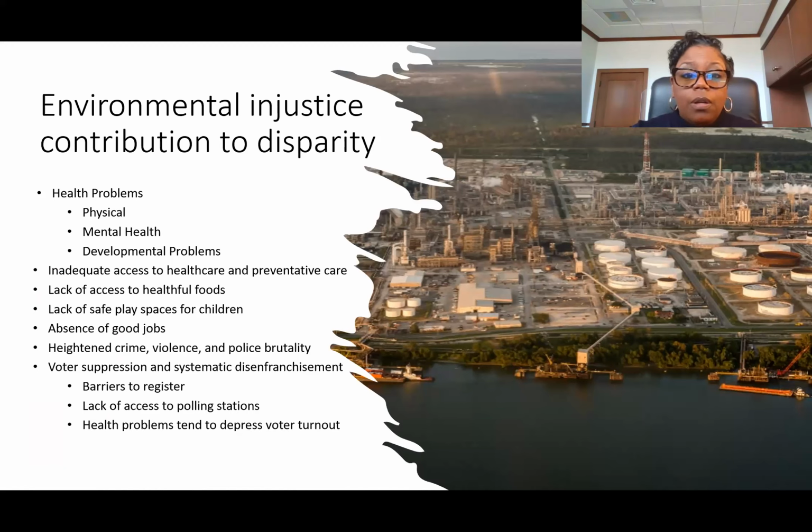It's a picture of an area very near us here in Mississippi. This is what's called Cancer Alley, which is a stretch of oil refineries in Louisiana that runs really from Mississippi over into Louisiana near Baton Rouge, across to Houston, Texas.